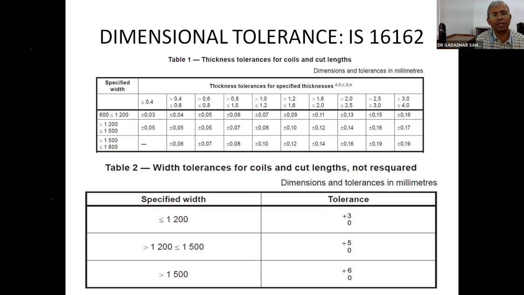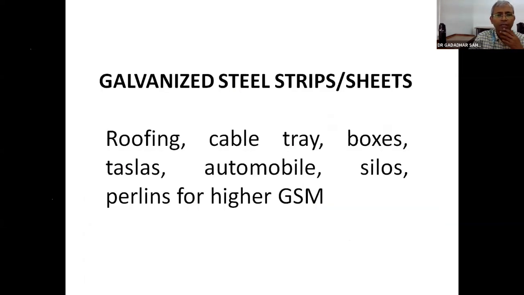Though the maximum plus minus is given, in our case it comes much less than that. What is the specified limit? Much less than that it comes. For width, less than or equal to 1200 is plus 3 minus 0. If it is 1200 to 1500, plus 5 minus 0. And more than 1500, plus 6 minus 0.